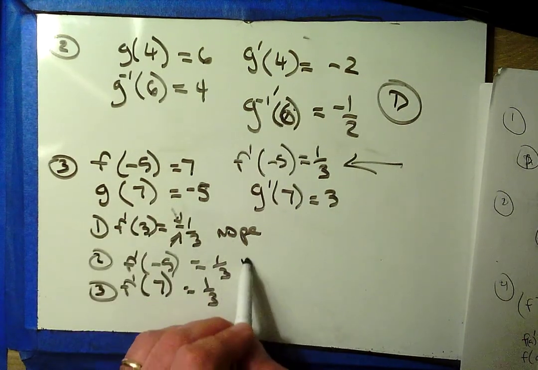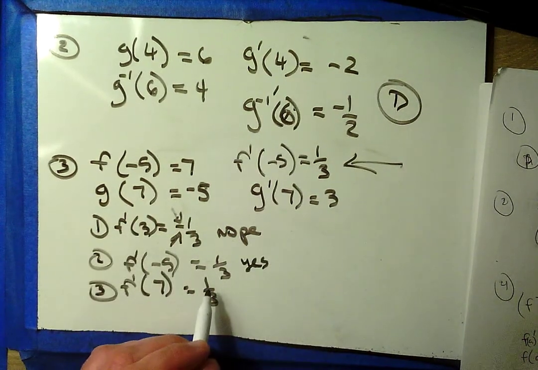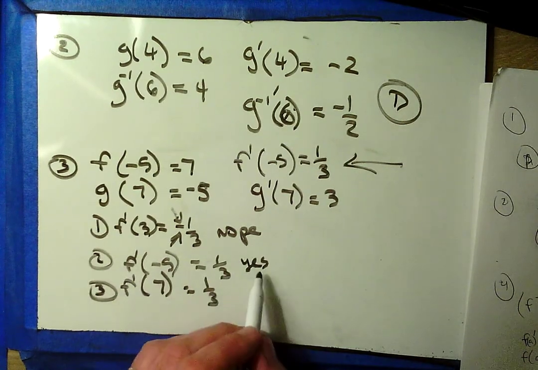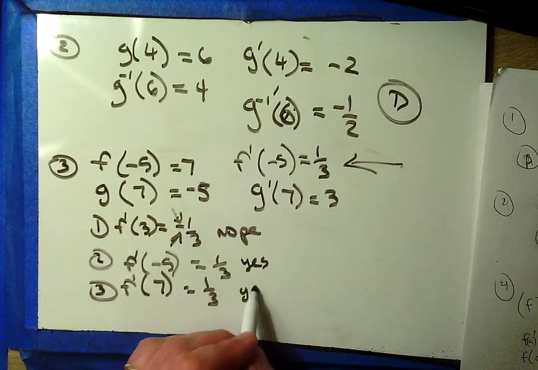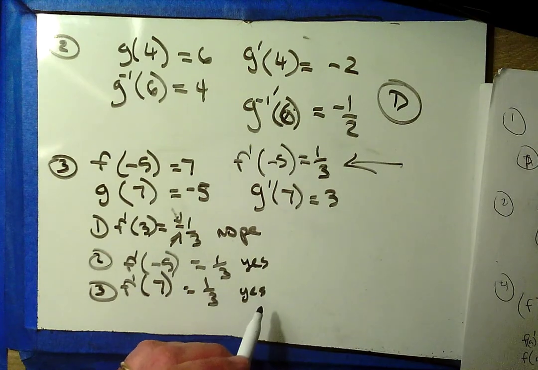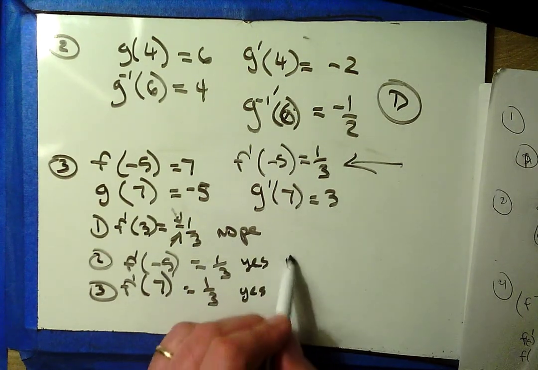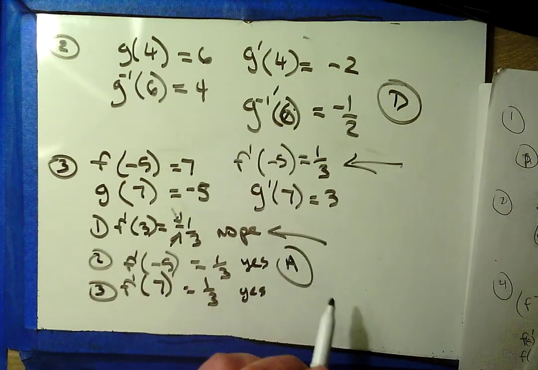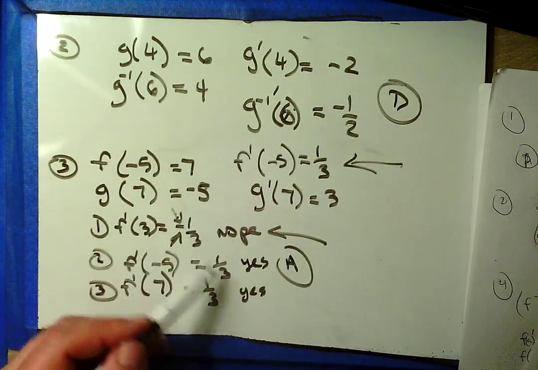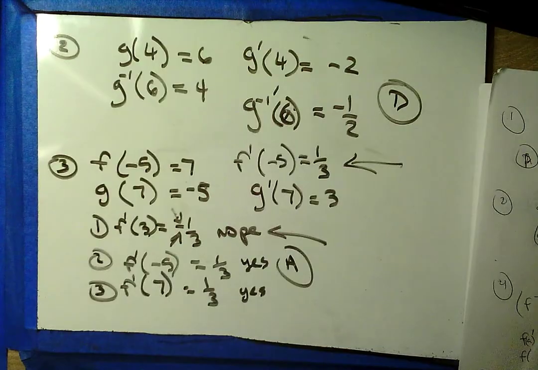This is our slope, yes. And this one is the same as this one, and these can be the same. And so for number 3, only this one must be false because I can't have that opposite sign slope. Okay, there's 3.